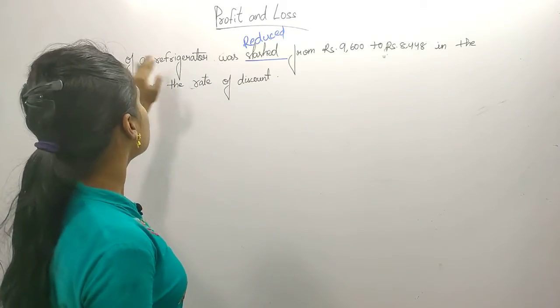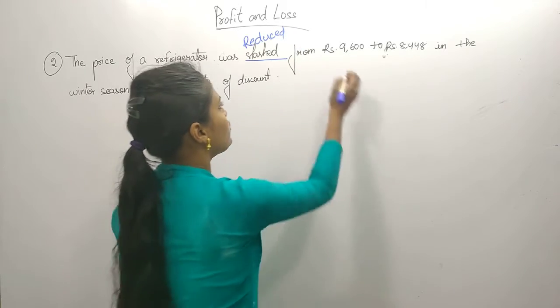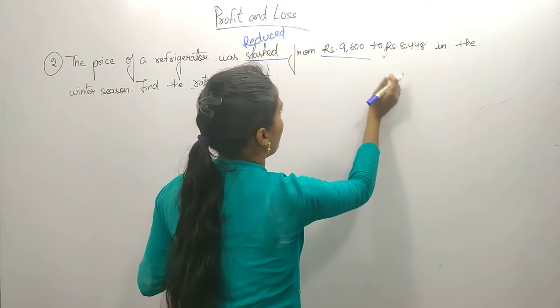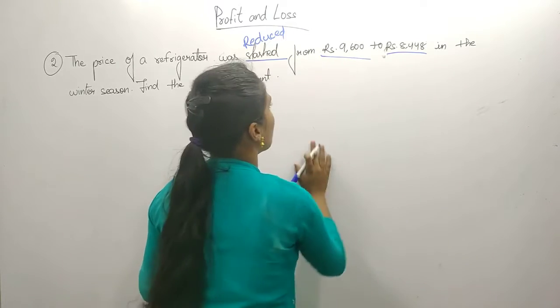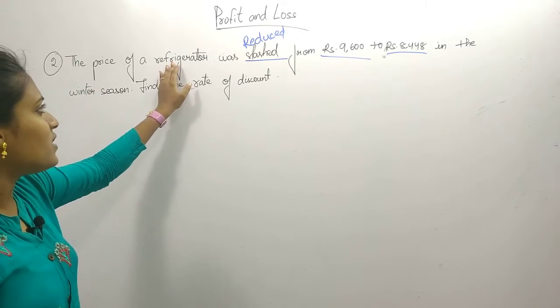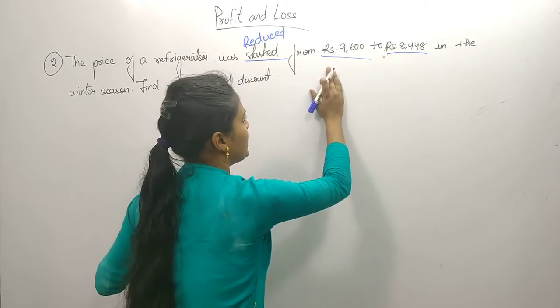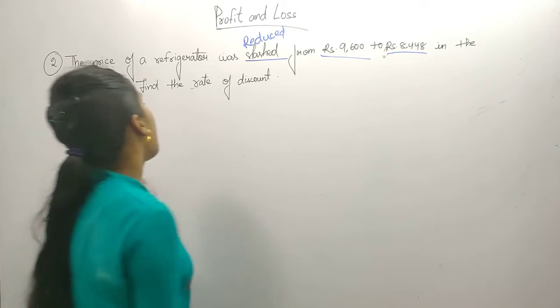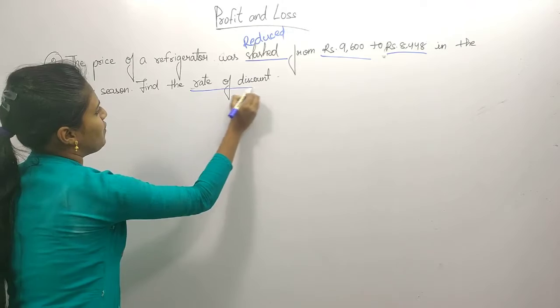The price of the refrigerator was reduced from the actual price. How much did he reduce? In which season? In winter season. Due to the winter season, the price of the refrigerator was reduced from this much rupees to this much rupees. And what does he tell us to find out? We have to find the rate of discount.